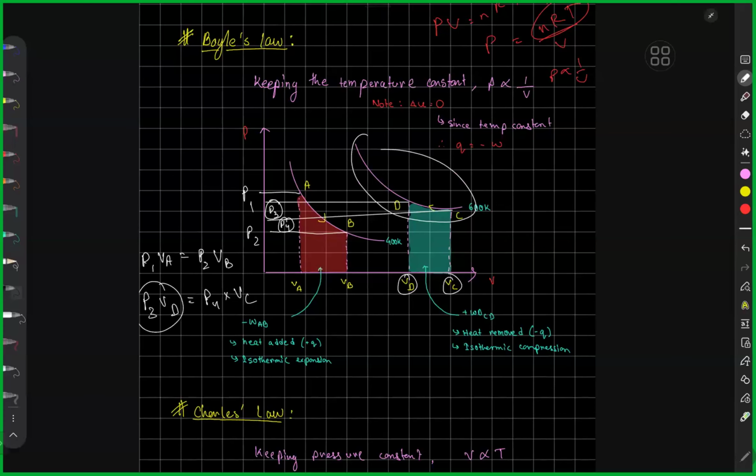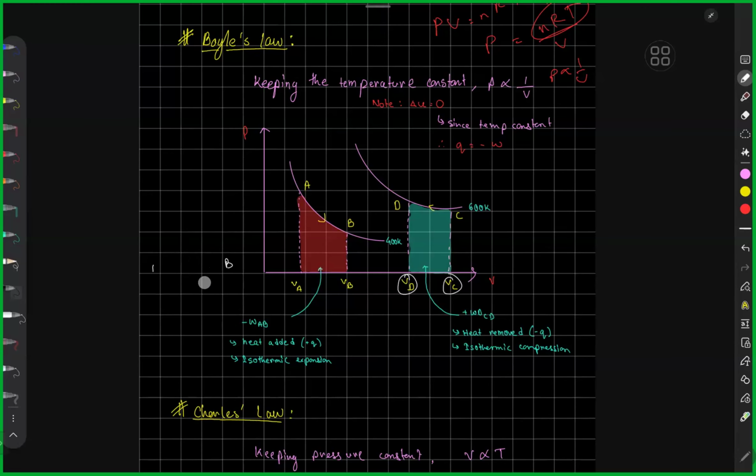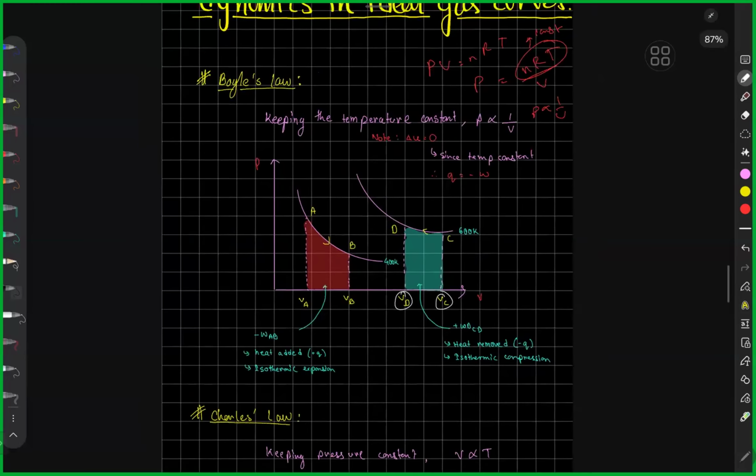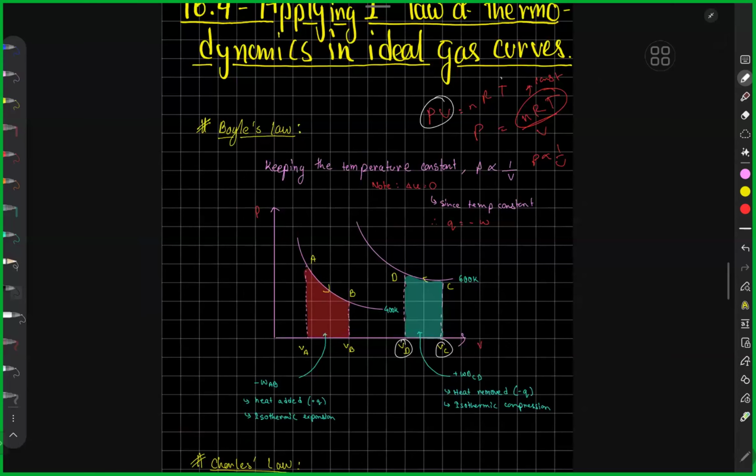P3 VD and P4 VC are both greater than P1 VA or P2 VB. So the product of pressure and volume for an increased temperature is always greater. And we can use the equation only to understand that.